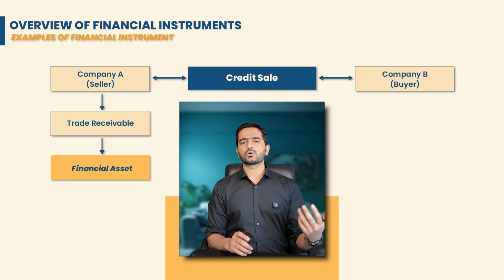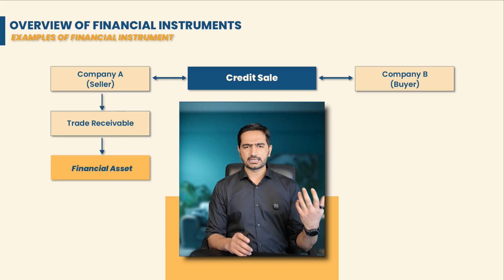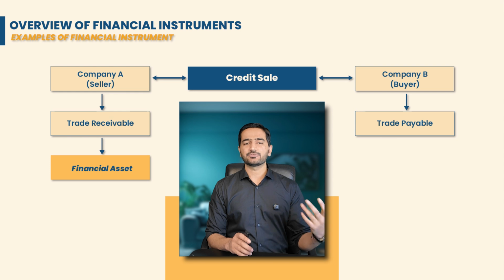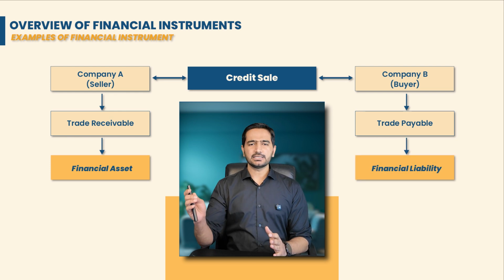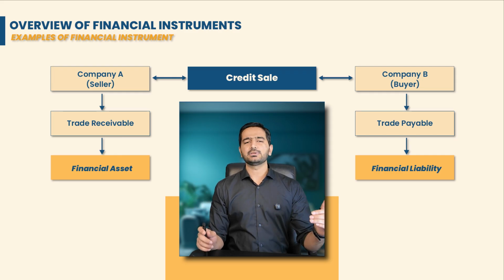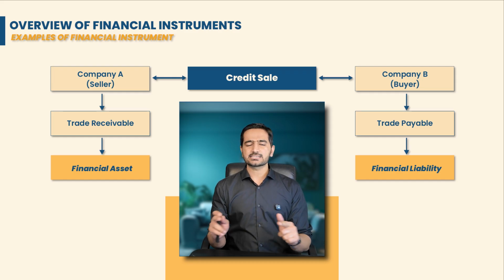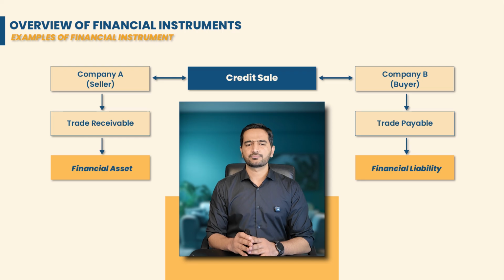And Company B would record purchases or inventory on the debit side and trade payable on the credit side, that is the financial liability. So do you see it? Company A has the financial asset, that is the trade receivable, and Company B has a financial liability, that is the trade payable. And the credit sale between them is a financial instrument.